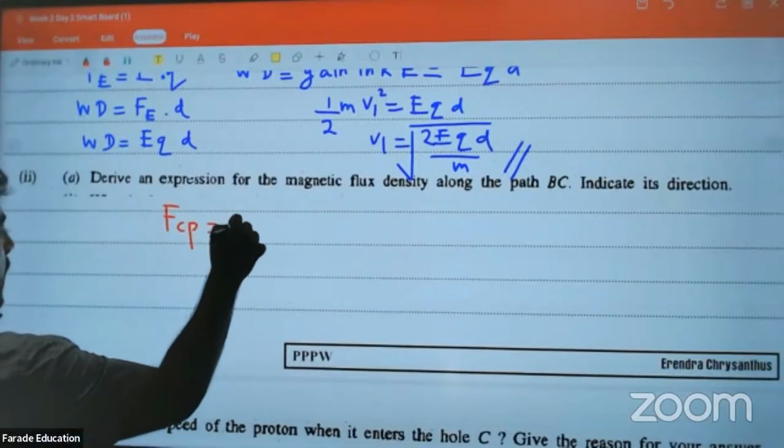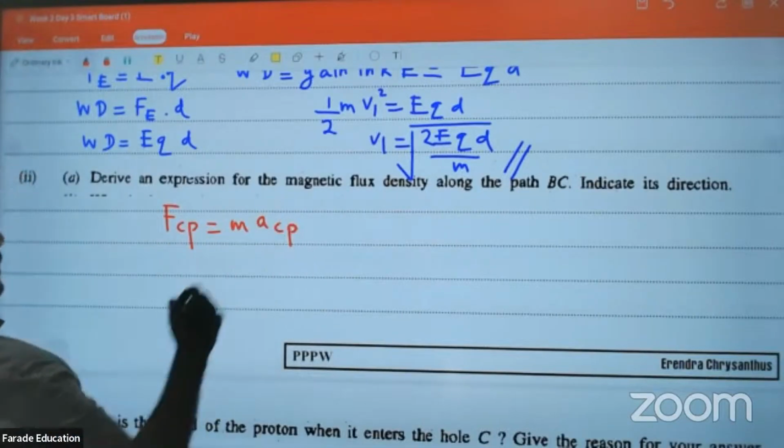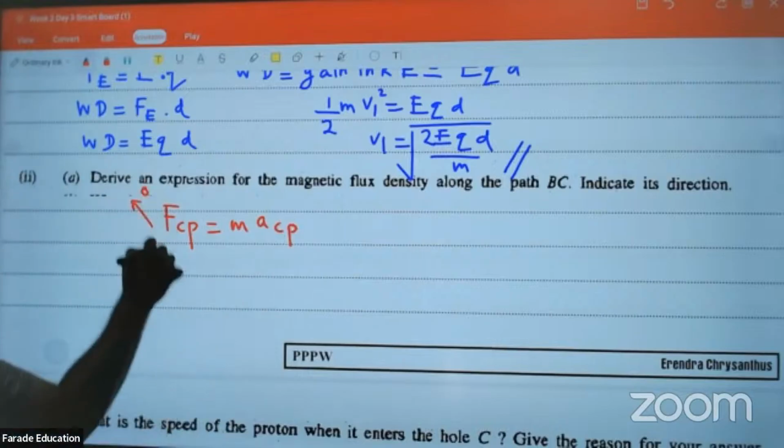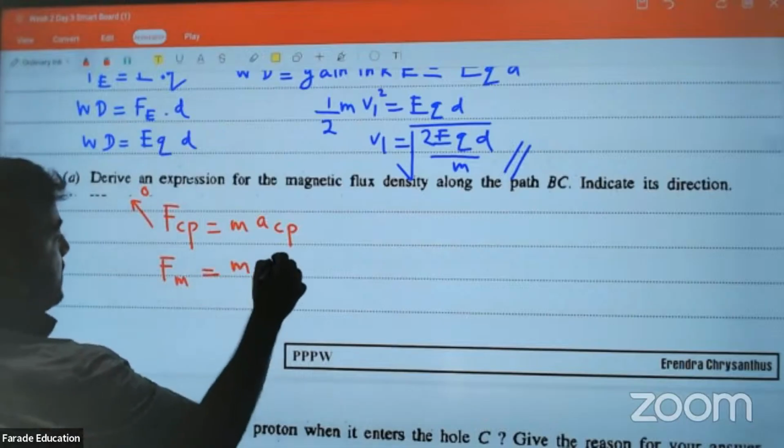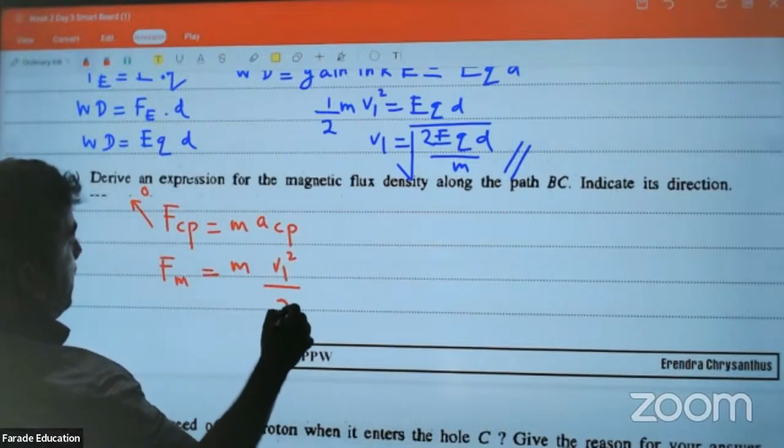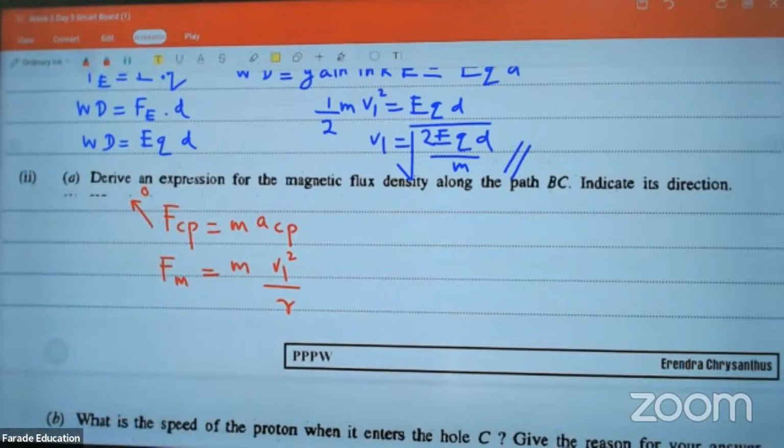Centripetal force equals mass into centripetal acceleration. Centripetal force is given by the magnetic force, B Q v1. Centripetal acceleration is v1 squared divided by radius r.